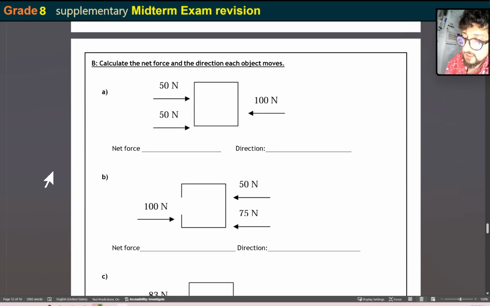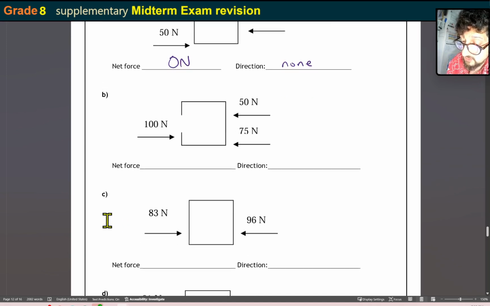Calculate the net force and the direction each object moves. So in this case, the net force is 0 because, I mean, I know it looks like it's not acting on the box, but it is. So it's 0 and the direction is none. It's not moving anywhere. And if you prefer, 0 newtons, but it doesn't matter because 0 is 0.